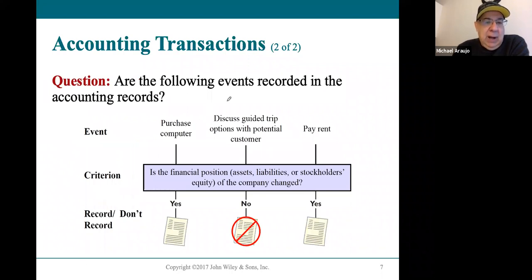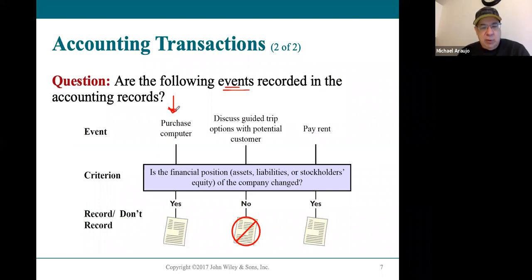So, are the following events transactions? Well, let's look at the first event, okay? The first event is we purchased a computer. So if you are a business and you purchased a computer, which in this case we're going to be calling equipment, okay? Well, is that an economic transaction?